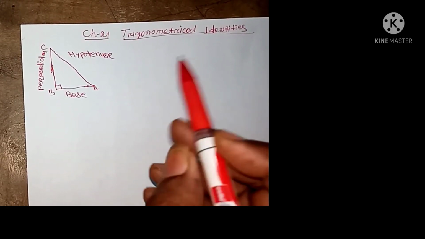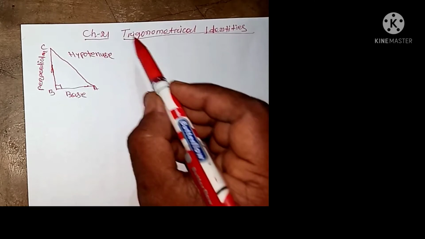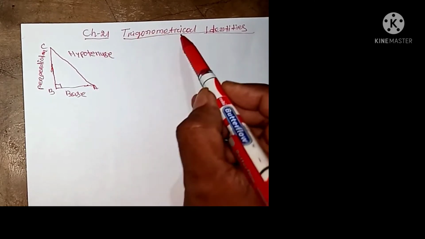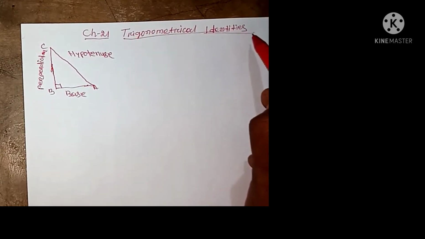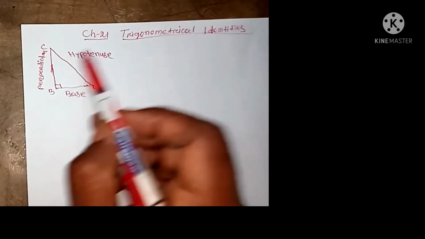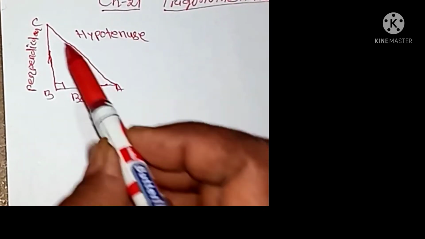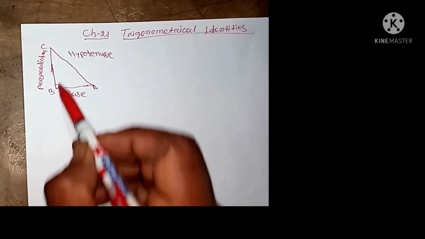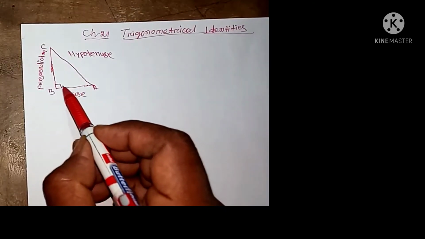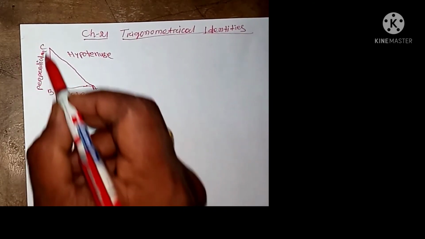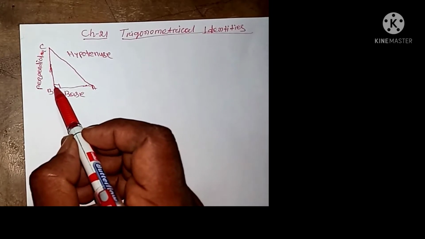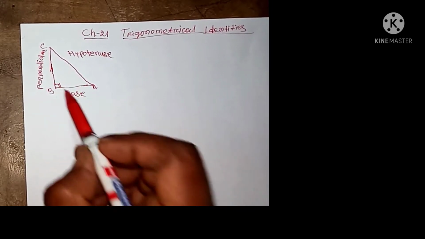Today we shall discuss chapter 21, Trigonometrical Identity. To discuss it, look at the right triangle ABC in which angle B is a right angle.